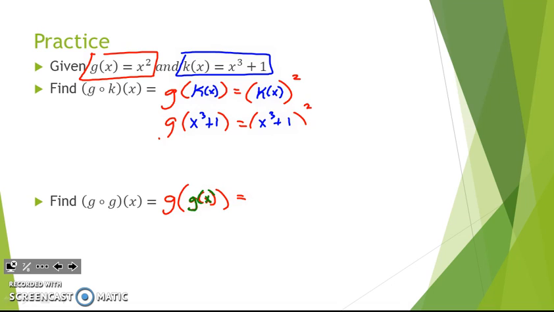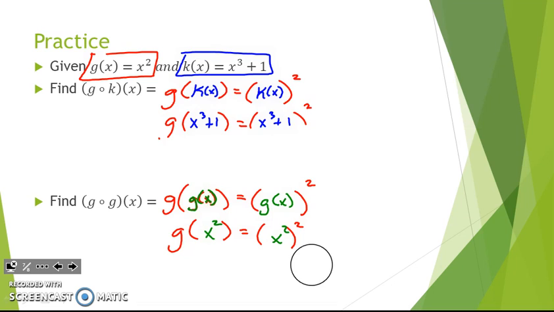So this is the first g of x that I'm plugging in. So that means I'm going to have something squared, and I've got my g of x that I'm going to plug into that. So what is our g of x function? Well, if I look up here, g of x is x squared. Okay, so this is going to be g of x squared, and that equals x squared squared.